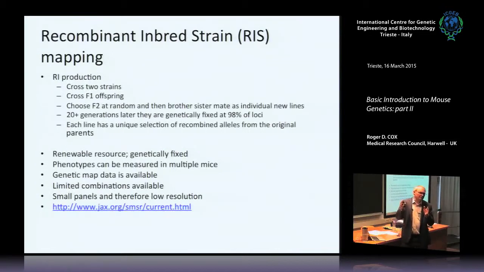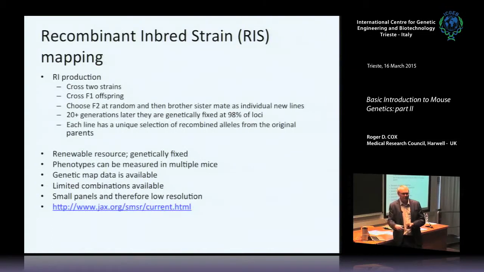So there are some advantages of that, because you can get those lines, and they're genetically fixed. They're a renewable resource. You can measure multiple phenotypes. You can measure lots of phenotypes in lots of different mice. So for each line, you could measure a number of different individuals who will be identical to each other.